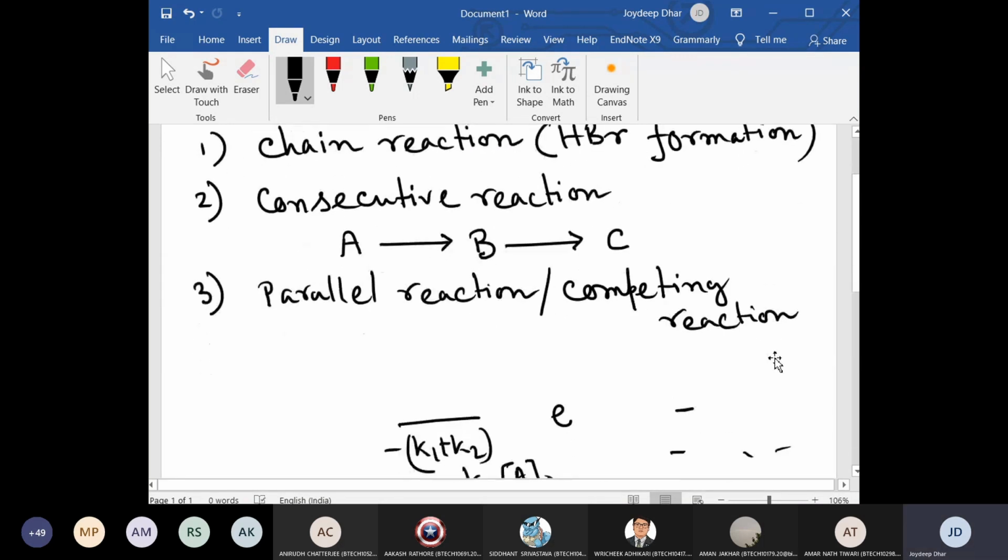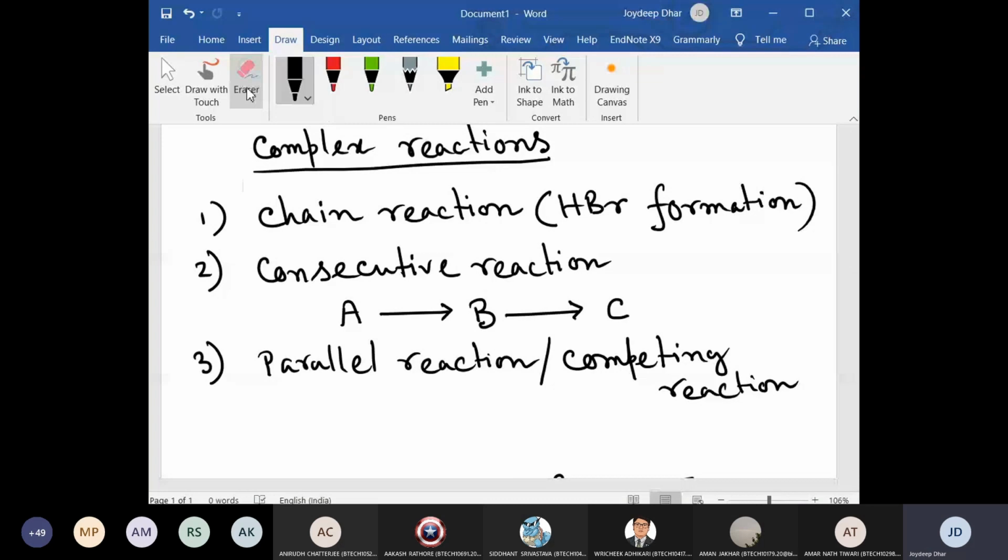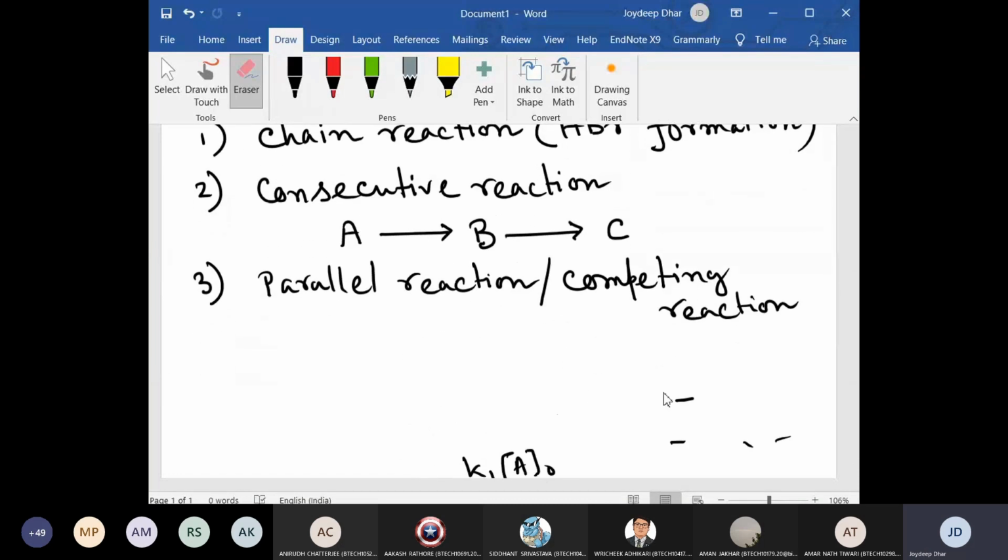I should erase the board also, something was written here. So in competing reaction, the starting material A can follow 2 reaction paths.